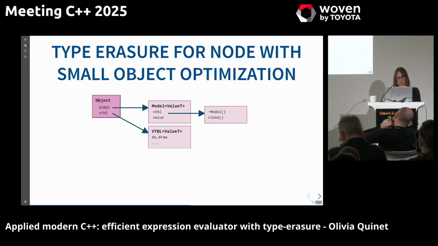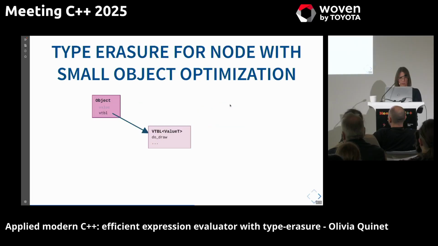But for example, if the value is very small, like an integer, this part is a waste of space. If you can store that integer directly in the pimple, it will be much faster and more efficient. We just need to adapt, of course, the VTBL, so that it knows the value is not pointed to by the pimple, but stored directly in the pimple.